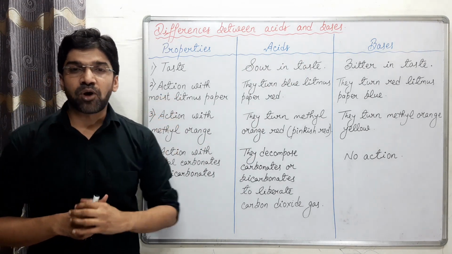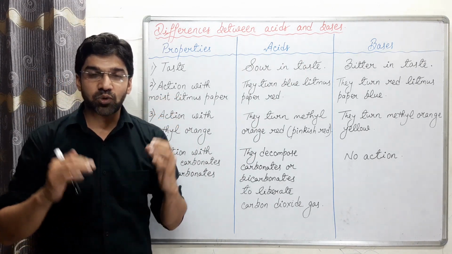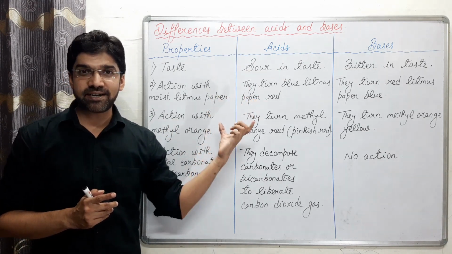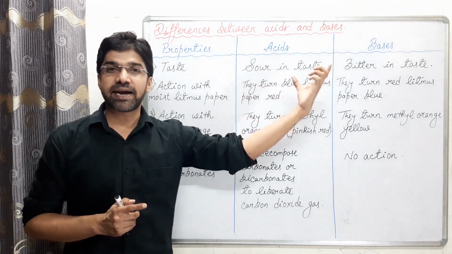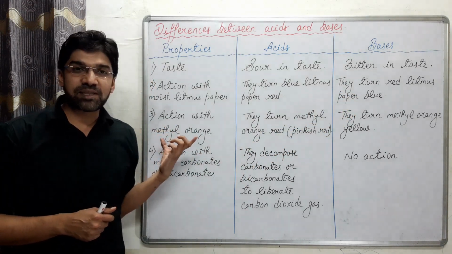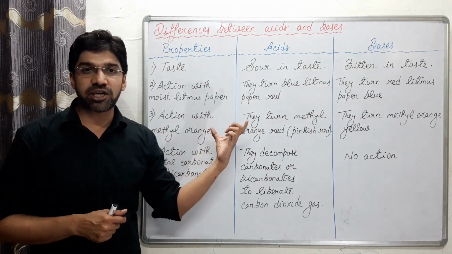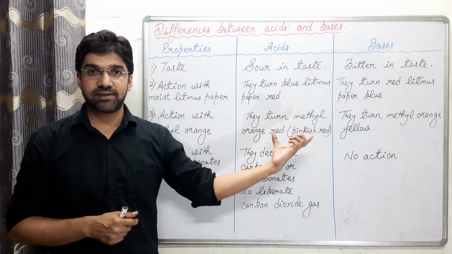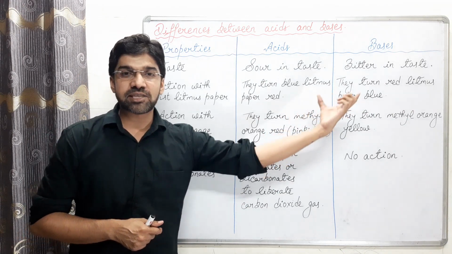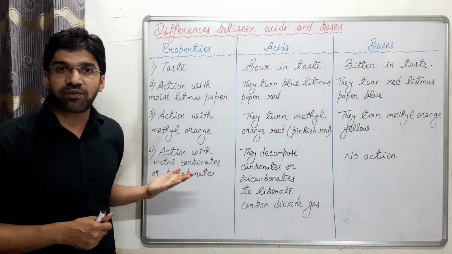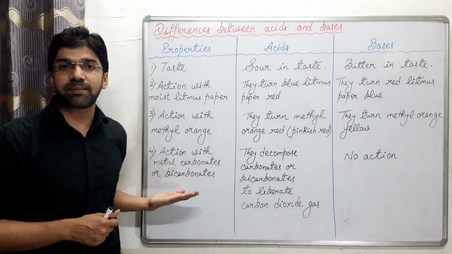Second, action with moist litmus paper. Acids turn blue litmus paper into red, and bases turn red litmus paper into blue. Action with methyl orange. Acids turn methyl orange into red or pinkish red, and bases turn methyl orange into yellow. Last, action with metal carbonates or bicarbonates.